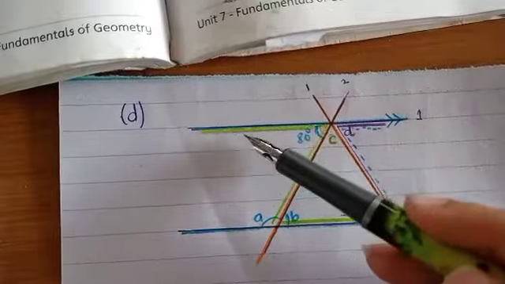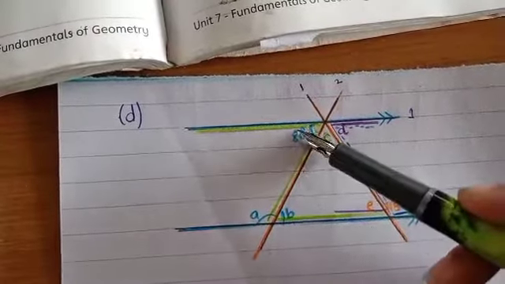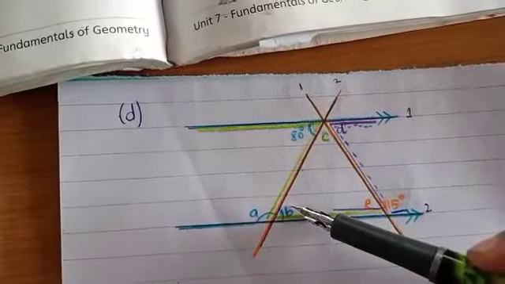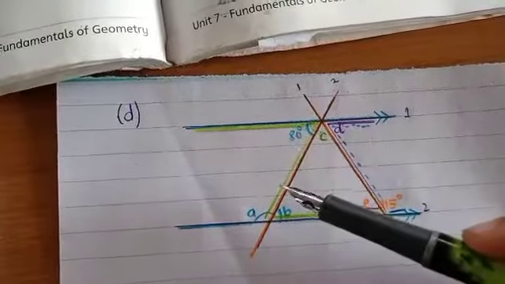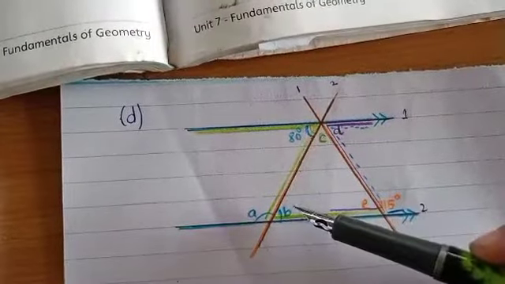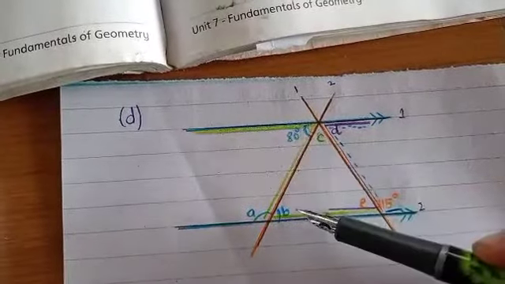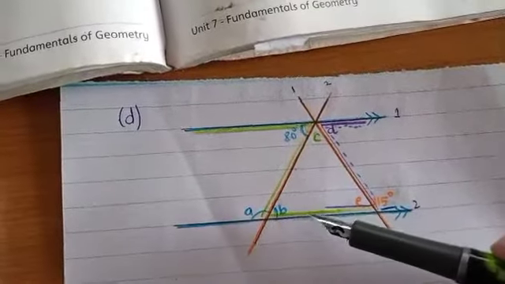So I have highlighted it with green color. If you can see, this is making Z, this is inside and this is also inside. Alternate angles are always inside the parallel lines, they are never outside. So both are inside the parallel lines, and they are forming the Z shape. One is inside here, another one is inside where the Z turns.